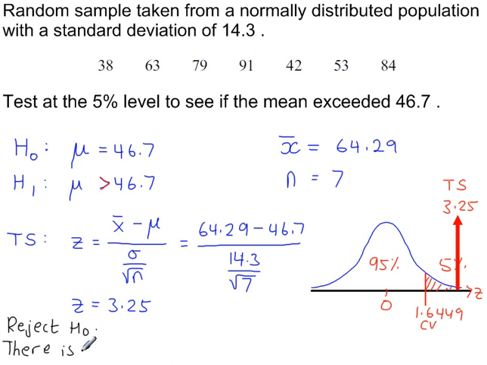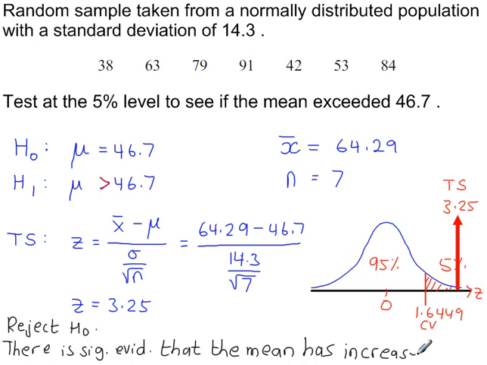There is significant evidence that the mean, and you can put the context of the question here, the mean of whatever, has increased, as we were looking for an increase. That's what we're testing for. Okay, so there you go.